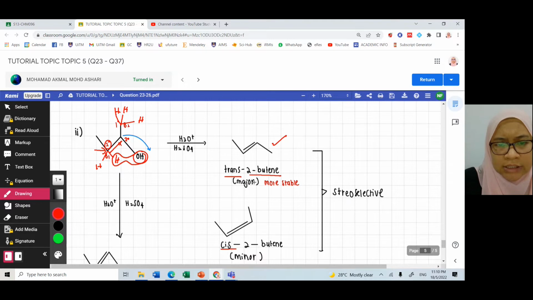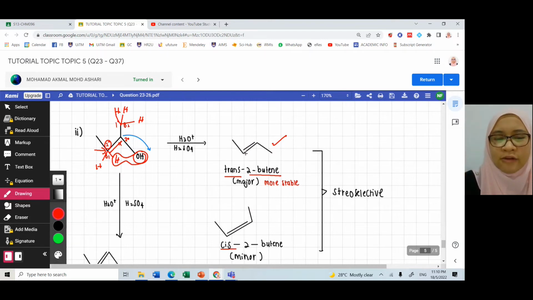We did not learn this in lecture, but since Akmal has shown it here, I just inform you. When it forms an alkene, there is a probability of having geometrical isomers, so we need to check on that. Like this one: is there geometrical isomerism for this alkene? Turns out yes, it obeys the two rules.